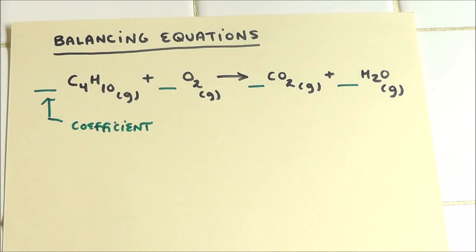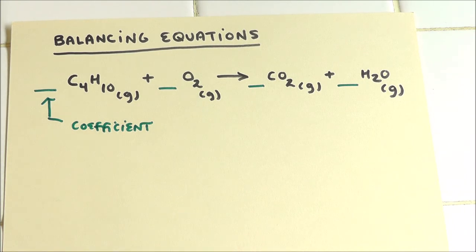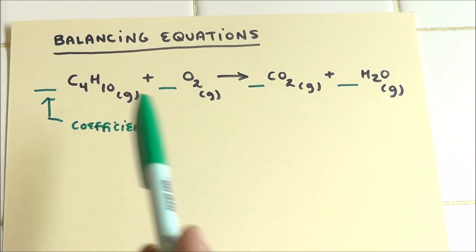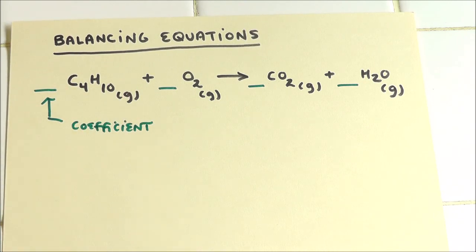Now, my strategy is usually you start with the more complex things and balance them. So the goal of this is to make there be an equal number of carbons, hydrogens, and oxygens on each side. So there's only 3 elements to balance here, but usually you want to save something that is an element for the end, because if I put a coefficient here, it's only going to change the number of oxygens. But if I put a coefficient right here in front of this C4H10, which, by the way, is butane, this is a legit reaction.